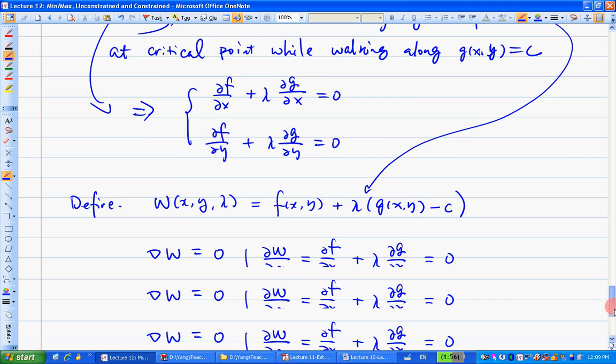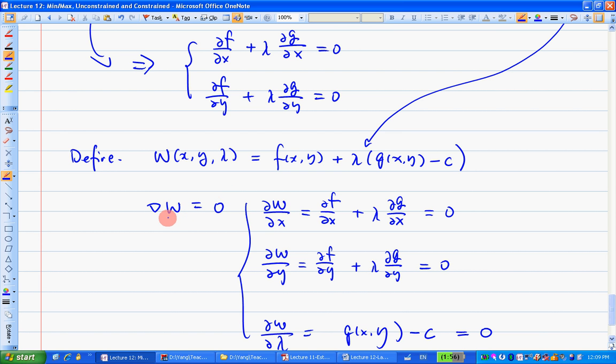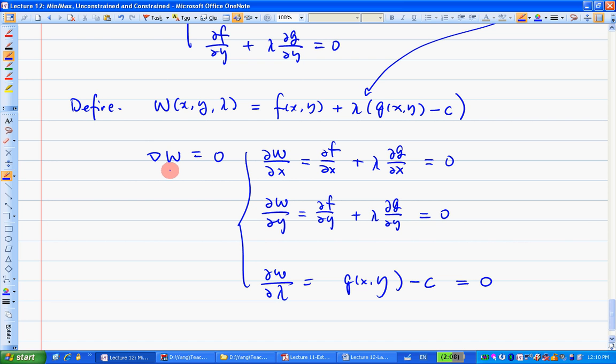So in other words, this genius found a way of combining everything into one thing. Your original problem is to find the min or max of this function f subject to constraint g. And now the question becomes: find the min or max of W. That's it. So you turn a constrained problem into an unconstrained problem.